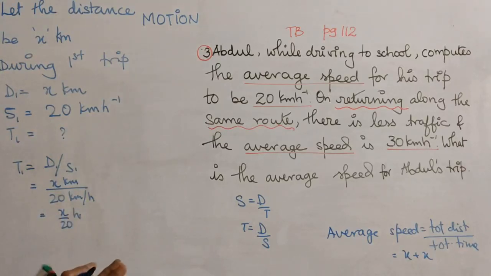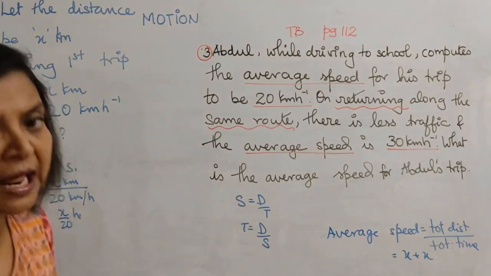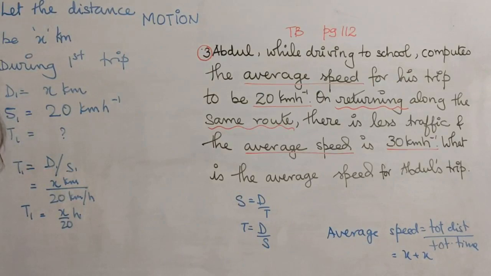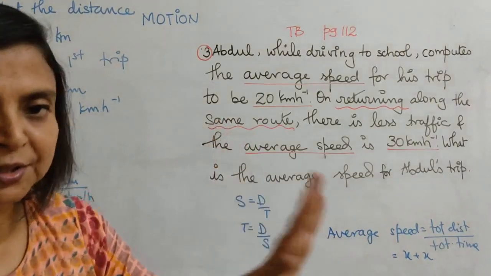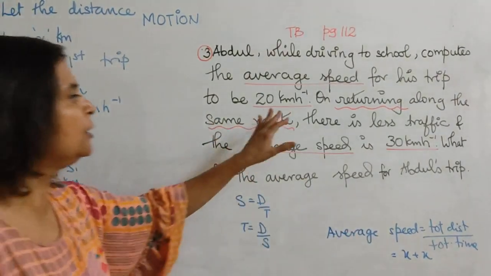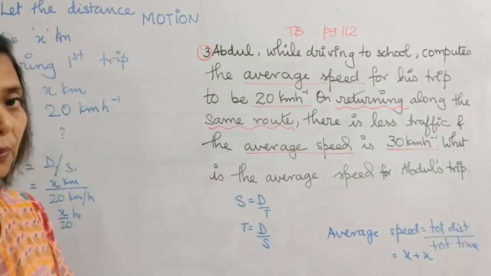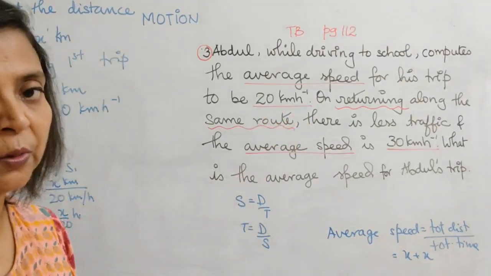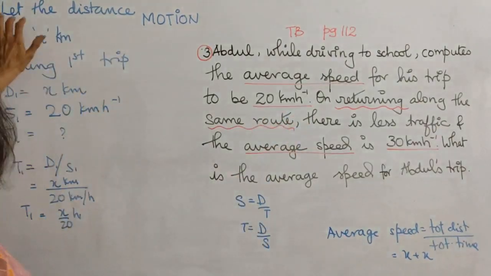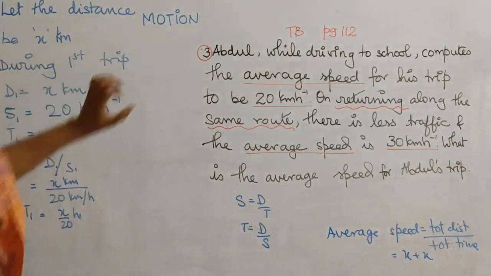It is weird, but that's all we have now. So I'll just quickly repeat. ना तो हमें distance दिया है, ना time दिया है, only speed दिया है. But we have to solve it. अगर question है तो solution भी होगा. Okay, so we assume let the distance be x kilometers.